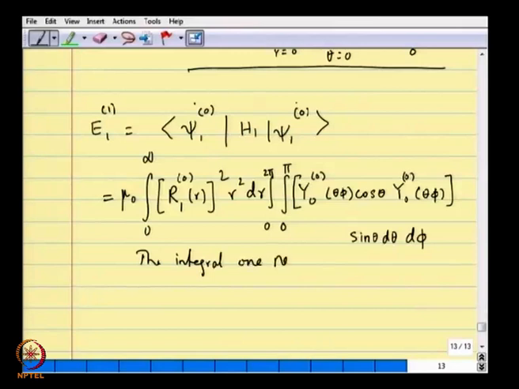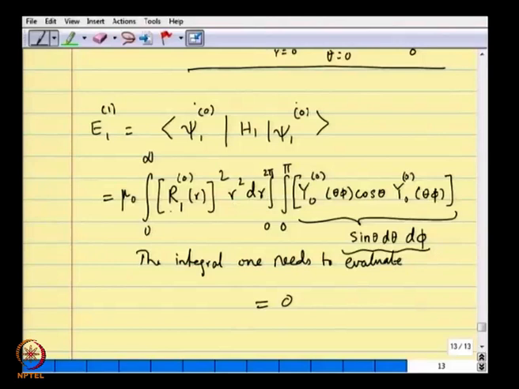With all these elaborations, you will be very disappointed to know that this integral is actually 0, because of the properties associated with cos theta, sin theta, d theta, d phi. Y00 is a constant, it is 1 by root 4 pi. Therefore, the essential integral is the radial function, r square dr from 0 to infinity, and this radial function is normalized. So, this gives you 1 if you put in the right constants.